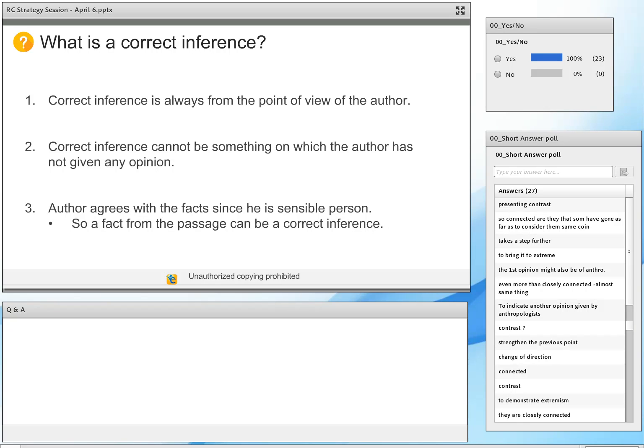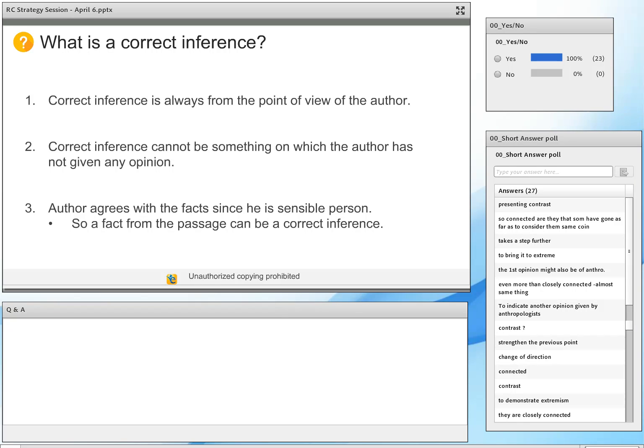Now, if the author presents his take on the view as well, let's say he says that there are some people who think that EC and XP coexist, and rightly so, in that case the author has given his agreement on that view, which means that that view can now be inferred because the author agrees with that. The third thing is that the author is a logical person, so he agrees with all the facts.